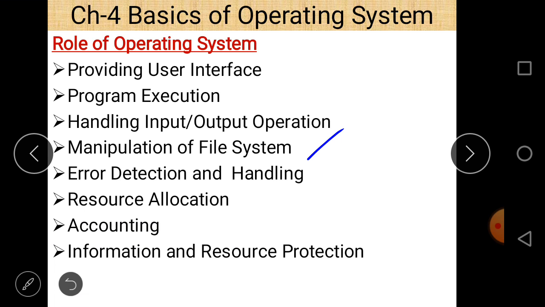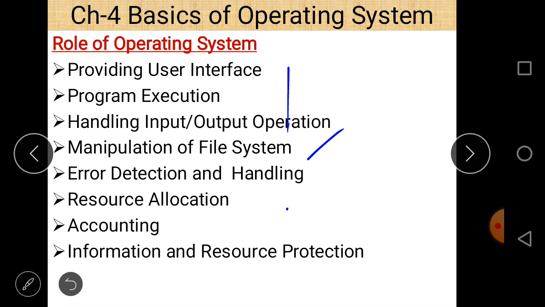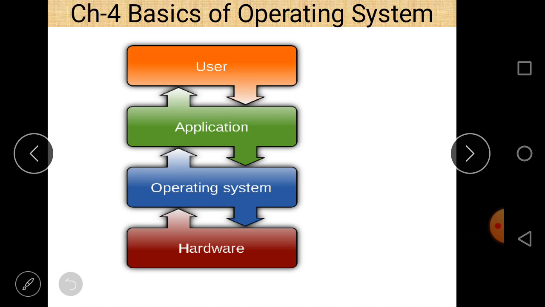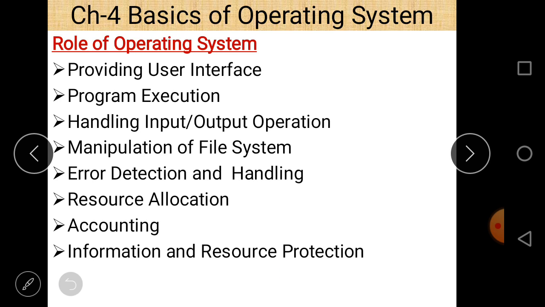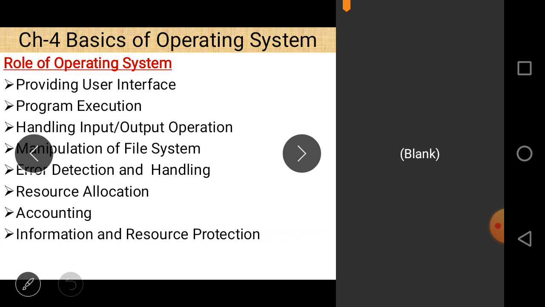If there is any error in a computer system, error detection and handling is also done by an operating system. And next is resource allocation, meaning different types of resources of the computer system are allocated by an operating system. If more than one unit of a computer system asks for a particular resource at a time, the operating system decides whether this resource is given to that part or not.